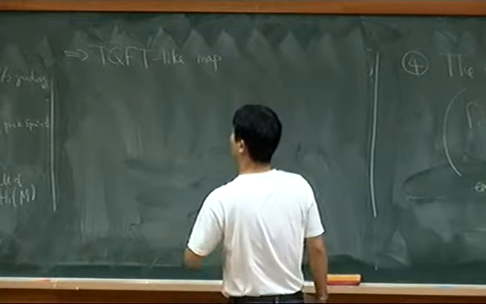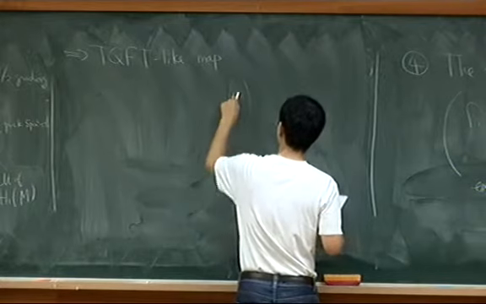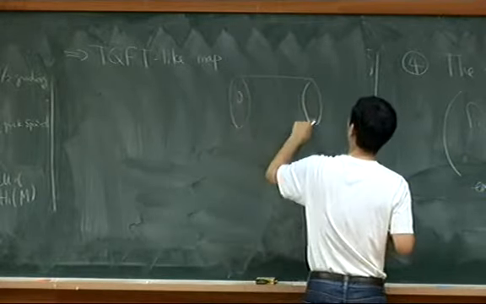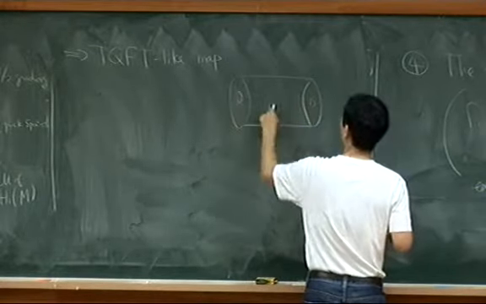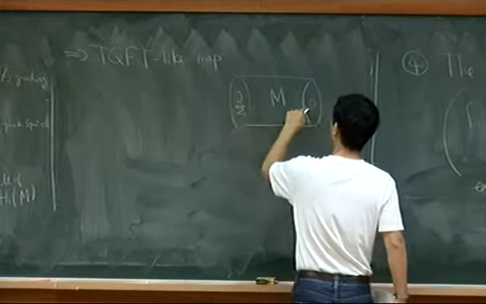For example, you have M, and suppose it has two boundary components, sigma 1 and sigma 2.